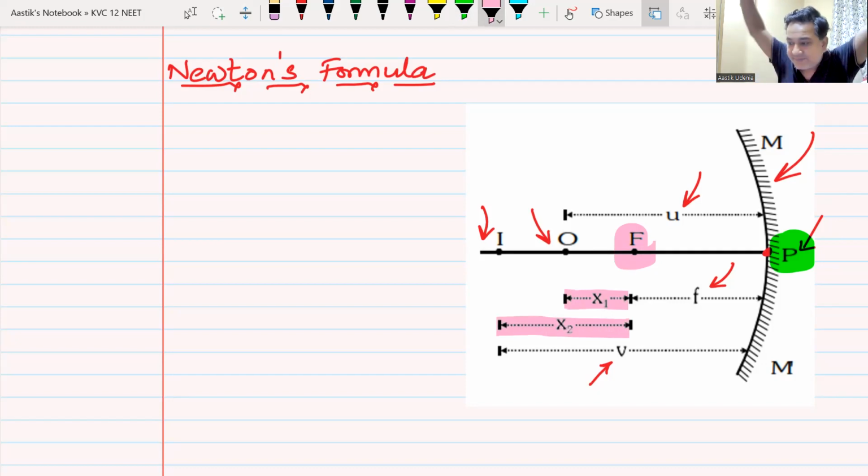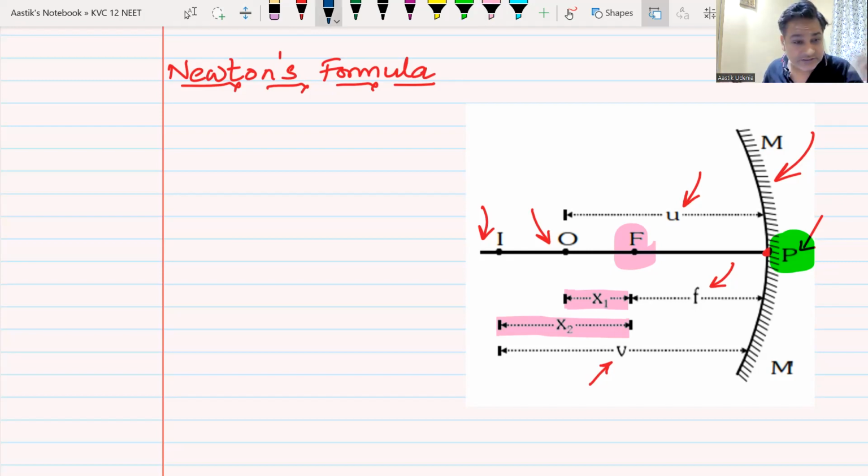Do we all see this? Can I have a raised hand that we see this? So instead of distances being measured from the pole, if the distances are measured from the focus, then the formula of mirrors is known as Newton's formula.